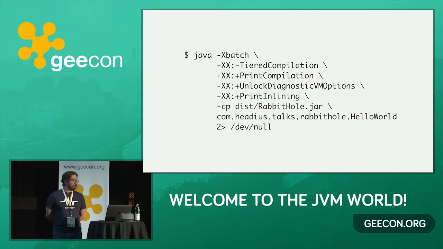So again, we've got batch and tiered compilation turned off, which in this case basically only uses the server compiler, the really strong optimizations. We've got our PrintCompilation. We also have our PrintInlining, but because this is not typically a flag that most developers are using, you have to unlock it with the UnlockDiagnosticVMOptions flag.